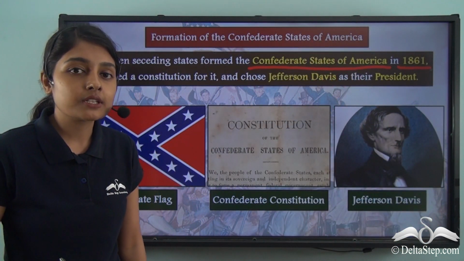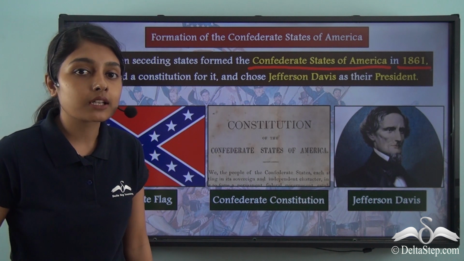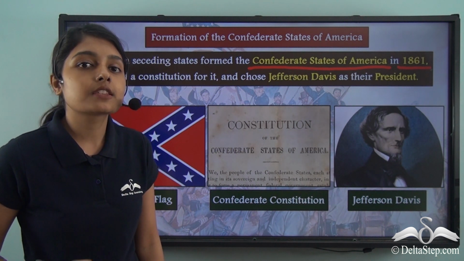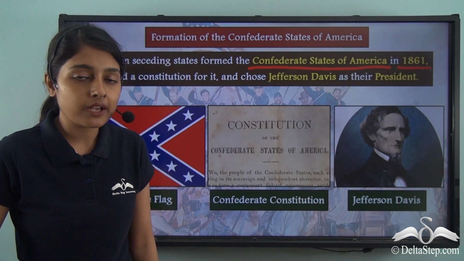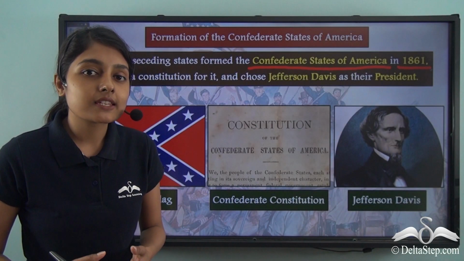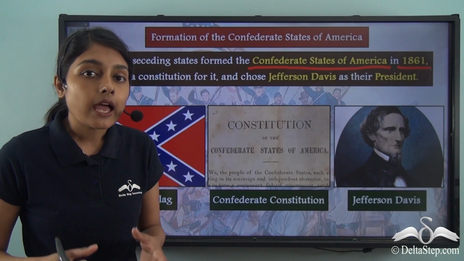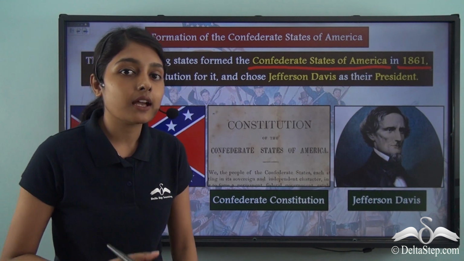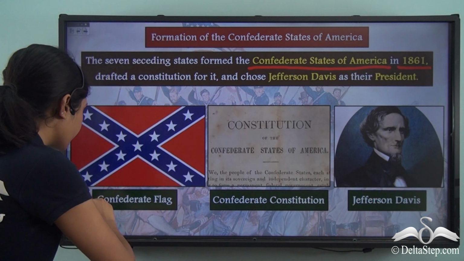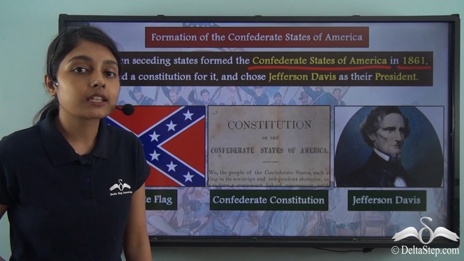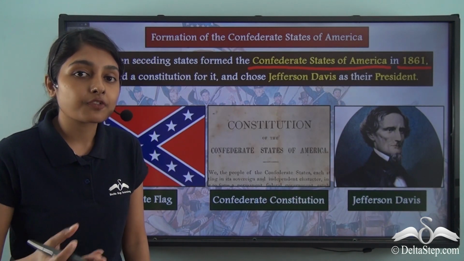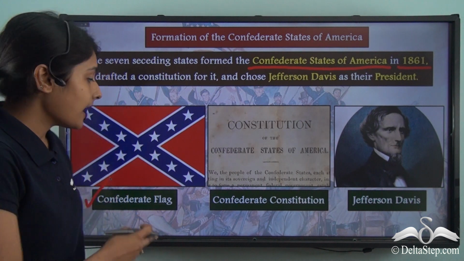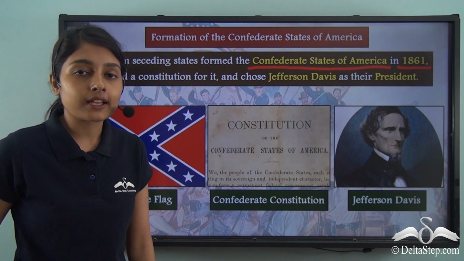That is, it happened soon after Abraham Lincoln came to the office as the President of the United States of America. To give themselves an independent identity, an autonomous life, the Confederate States of America went on to have a Confederate flag. So they had given themselves independence from the Union and now had their own Confederate flag.